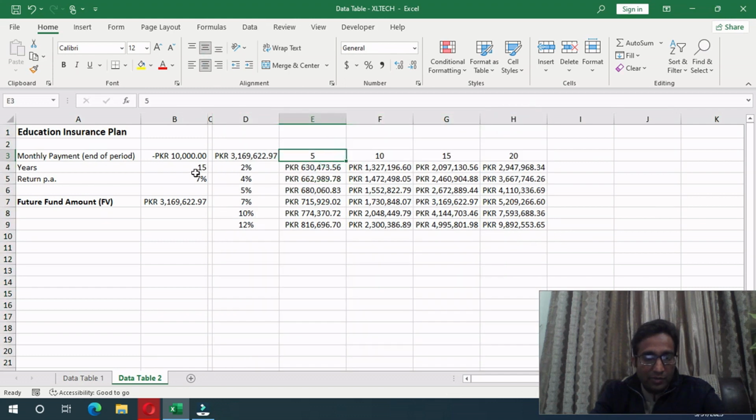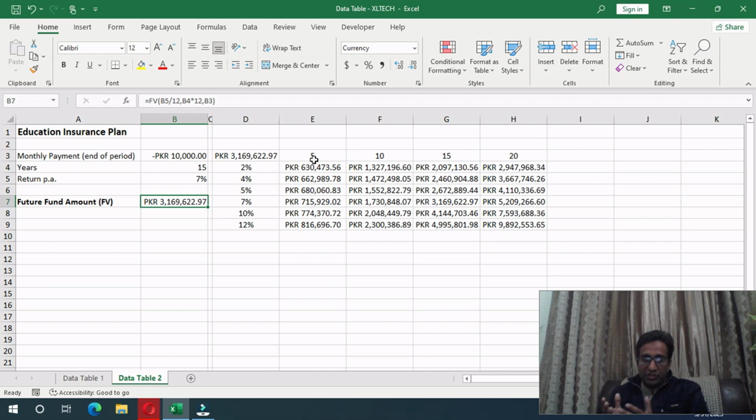Now you can see that when we originally assumed 15 years and a 7% interest rate, this is 3.1 million, this is 3.1 million. And now we can take our decision, whether we are going for a 5 year, 10 year, 15 or 20 year plan based on the multiple interest rates.